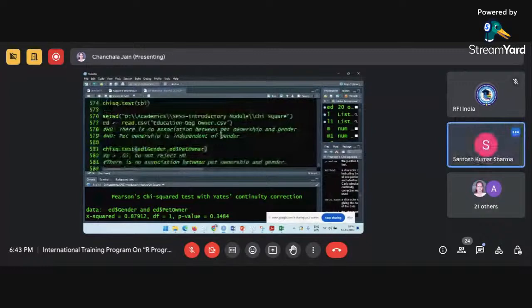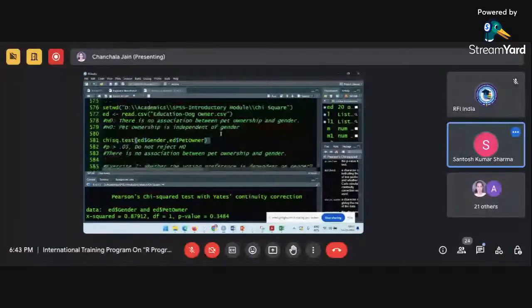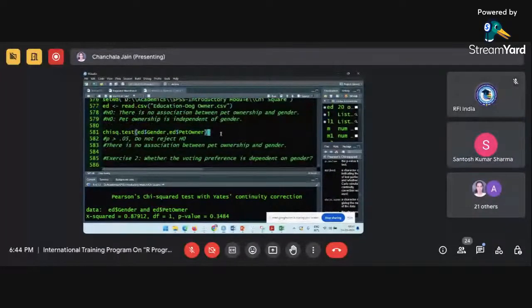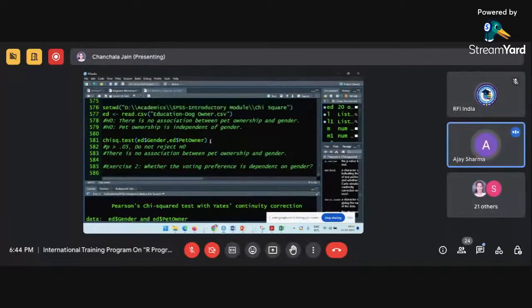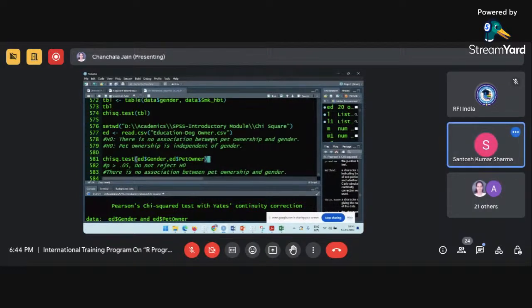Anyone else who can see the line number 581? Yeah, we can see 581 and 582, 83, 84, 85. All lines are visible. Okay, Santosh, sir, what is the problem? Not visible.